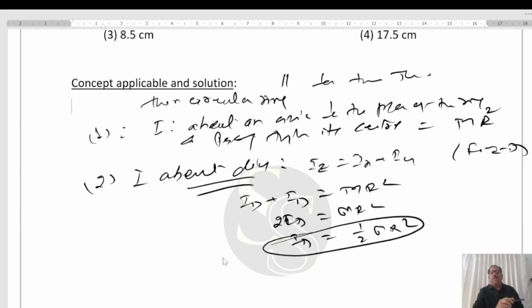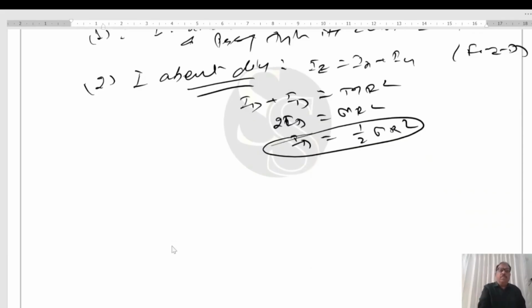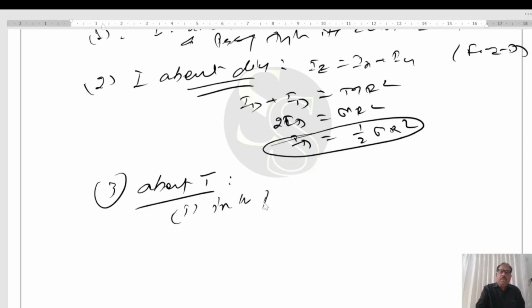This is one of the formulas, right? Next, about a tangent. In tangent there will be two cases: in the plane of the ring and perpendicular to the plane of the ring.